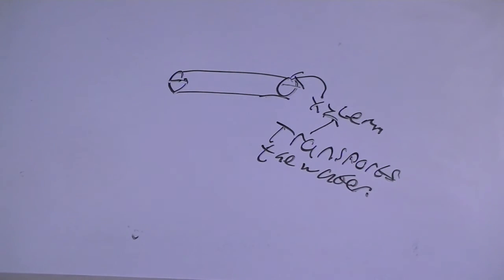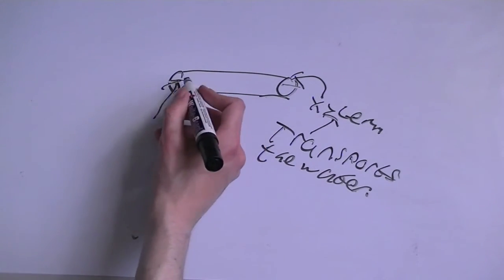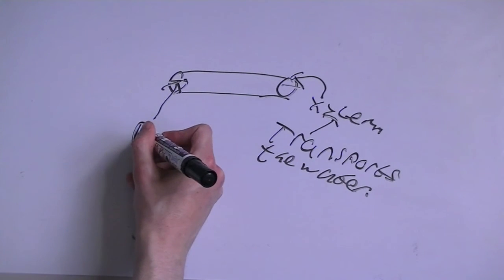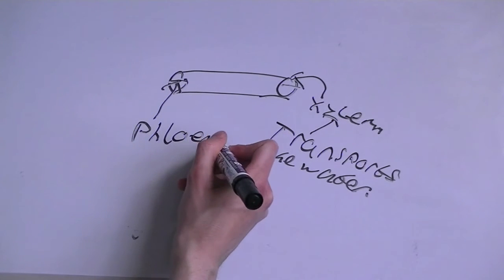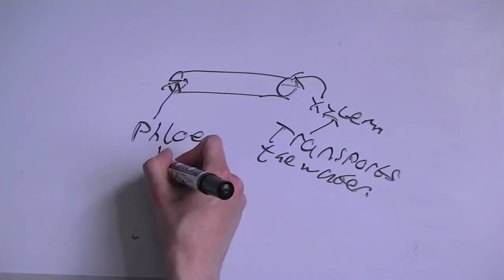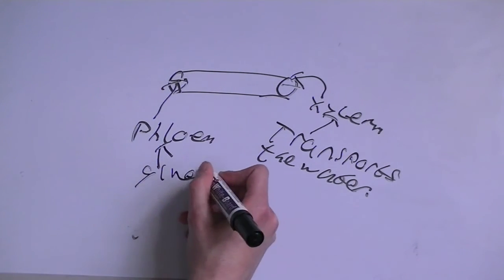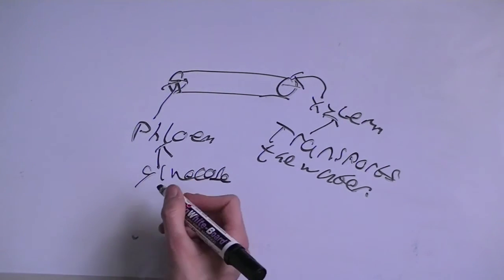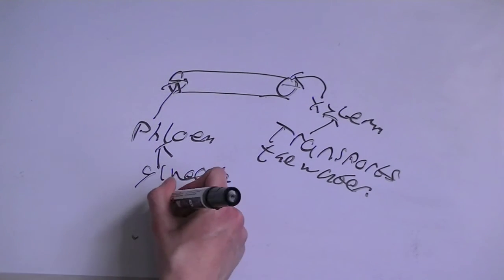Another important note, not to do with water, but still to do with the plant, and it's still something you need to know, is the phloem, which is the bottom section of this tube. And the phloem effectively transports the glucose and other energy sources made by the plant, like sucrose, which is another sugar.